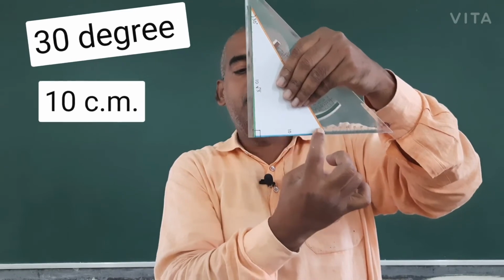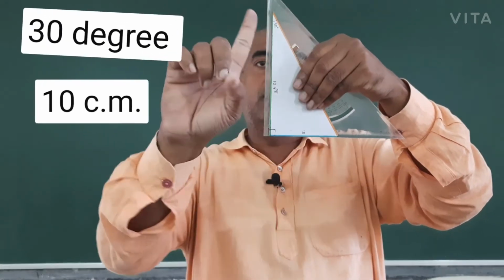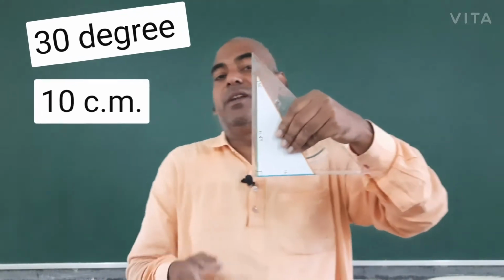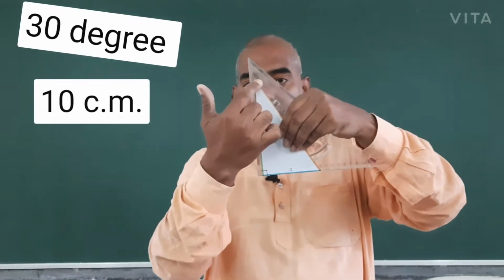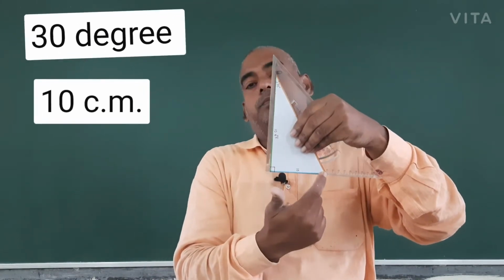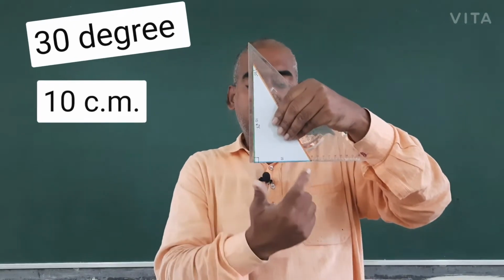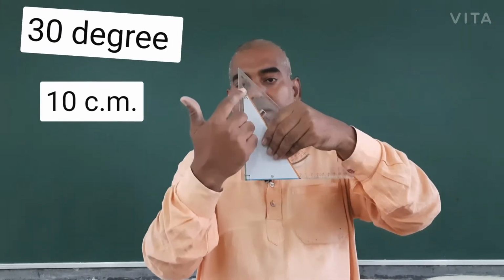Now we will measure. This is 60 degree. This 60 is double of this 30. It means ratio is very important. If I tell you this ratio, I will tell you 1:2. If I tell the ratio of this to this, then at that time we have to tell 2:1.